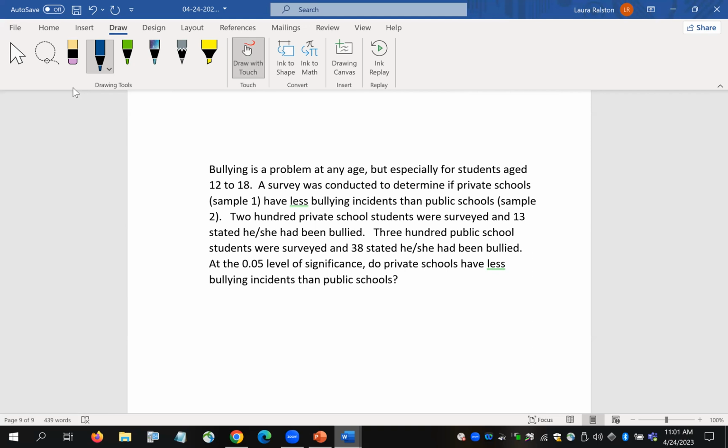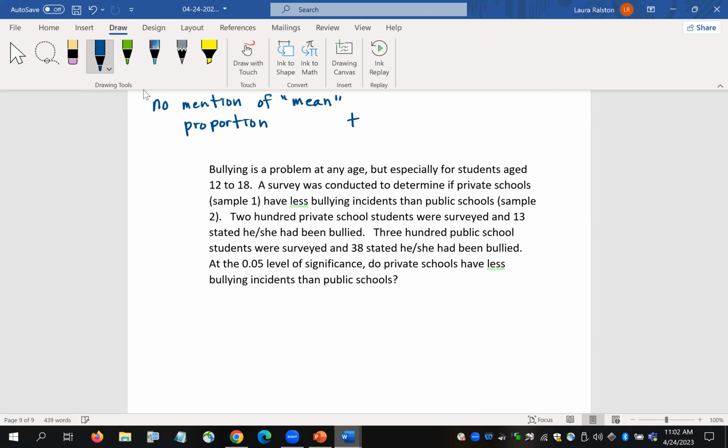So again, you have to recognize that this is a two proportion z-test. As I read through that, there's no mention of the mean. Again, it doesn't really use the word proportion, and there's no percentages. But usually when you see something like 13 out of 200 said this, hopefully you can read between the lines and realize that you're getting a proportion.